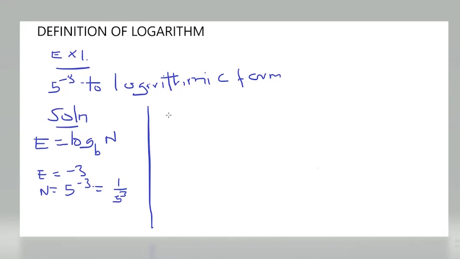As a reminder, any number a power negative number is equal to 1 over a positive power. This is just a simple definition. If you have not yet understood, please refer to my previous sessions on laws of exponent.